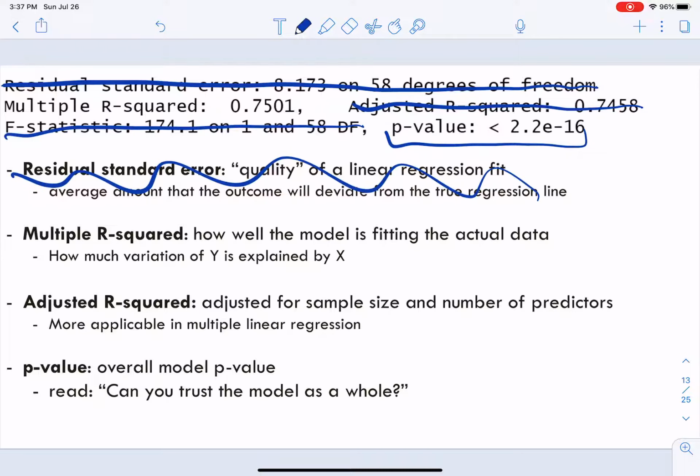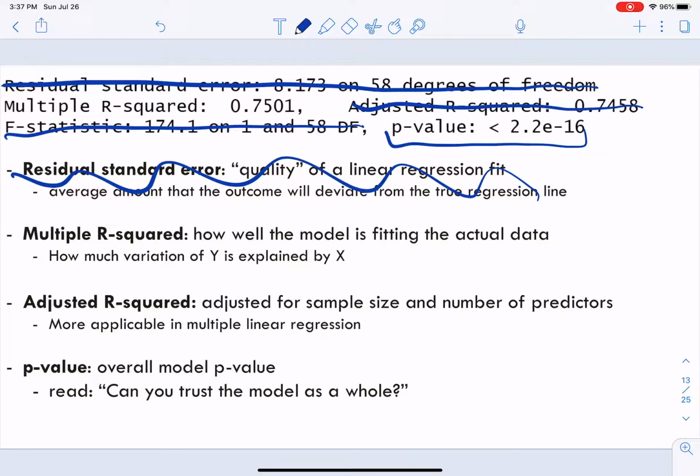R squared is only between 0 and 1, and it can only be between these two values. It's not going to be negative, it's only positive and kind of like a fraction. What this tells you is how much the variation of y is being explained by our predictor variable.